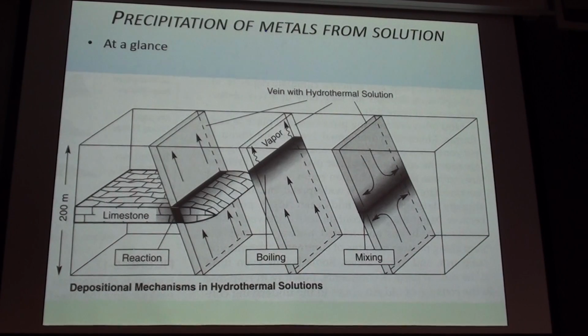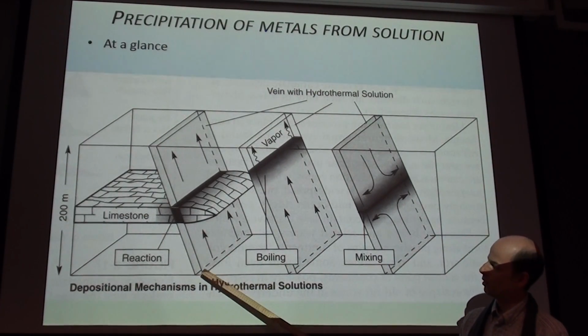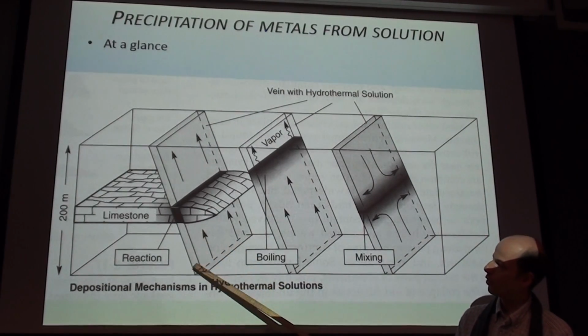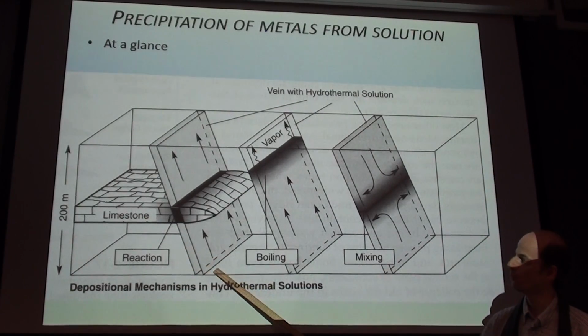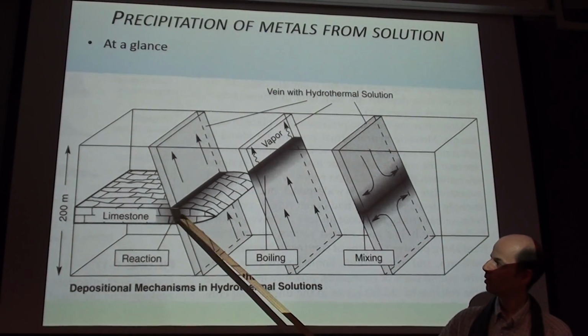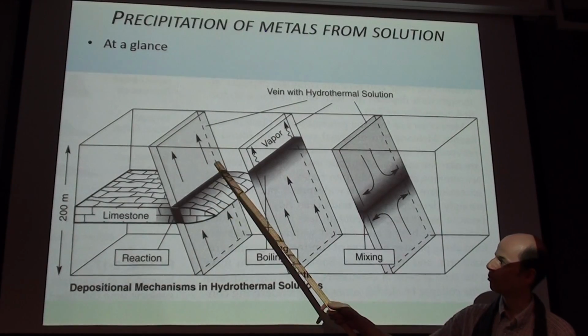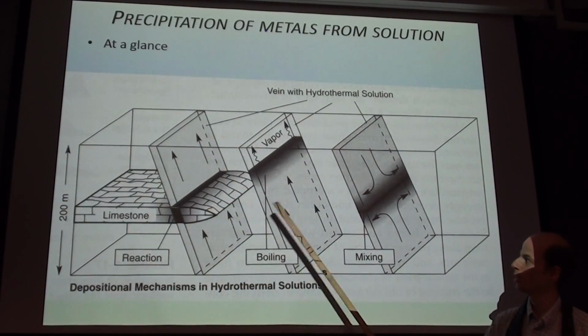So at a glance, precipitation can occur by reaction with the host rock, with the fluids percolating, reacting with the rock, and precipitation of ore minerals occurs there.